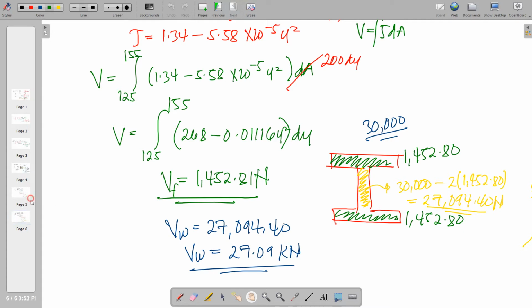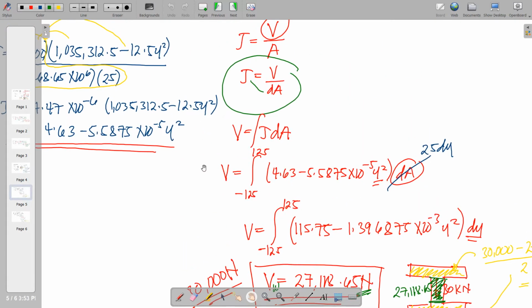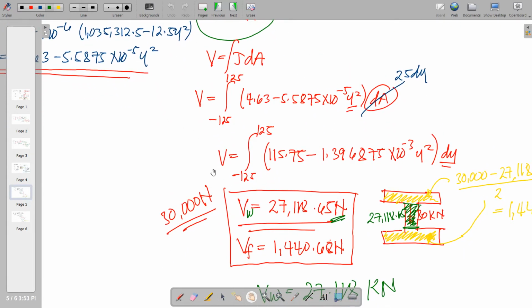So at least you know how to deal with the calculation of the shear point per point or area or zone by zone. So meaning if we are concerned with the web, you can work with your y within the web, okay?